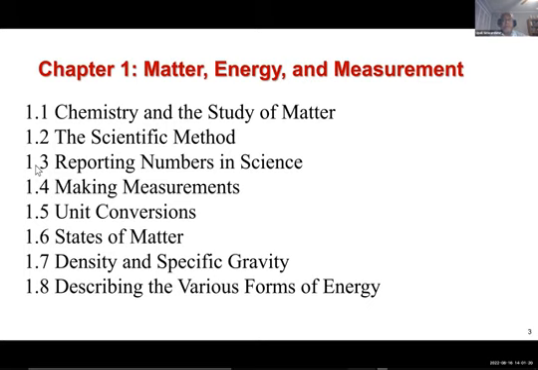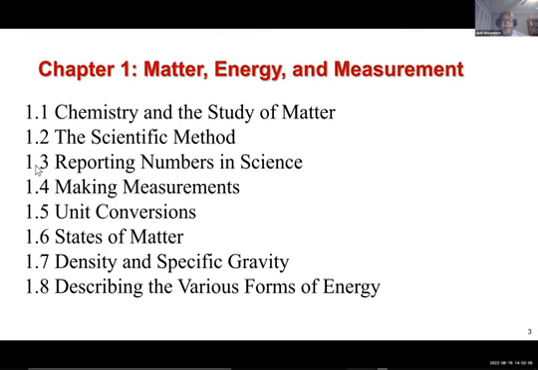So each measurement has a unit: grams, milliliters, liters for volume, and for temperature, Celsius, Fahrenheit, Kelvin. So you need to know how to convert between different units, for example, temperature, Celsius to Kelvin, Kelvin to Fahrenheit, etc.